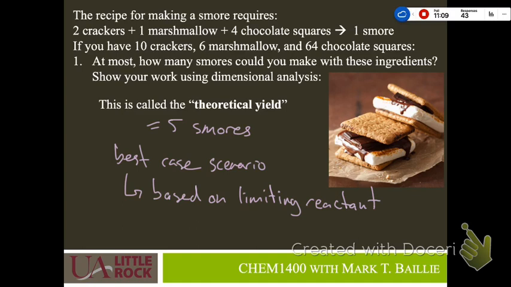So if we figure out which one runs out first, we can figure out what our best case scenario is, that we could ever possibly achieve. We're never going to get to 16 s'mores with this. Why? We're going to run out of crackers, and we're going to run out of marshmallows. So those two limit our production. Specifically, the one that limits it the most is the crackers.